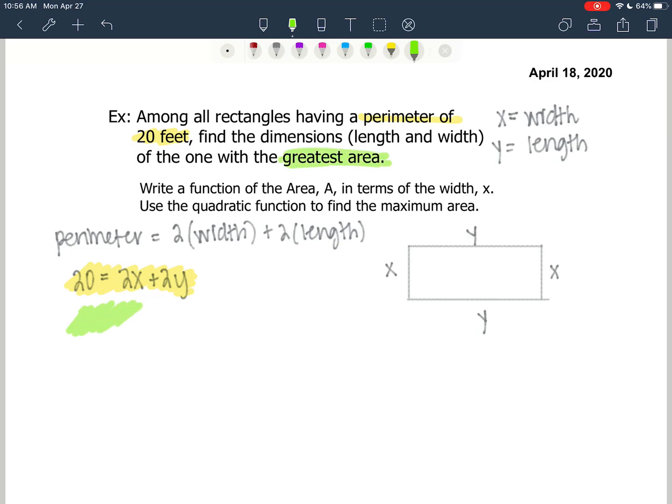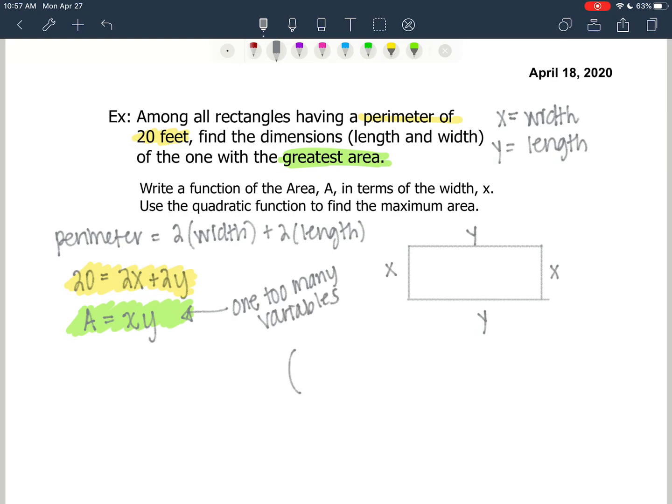Okay, so what is the area of a rectangle? Area of a rectangle is length times width, or width times length. So area is equal to x times y. This has one too many variables. Okay, we need an input and an output.